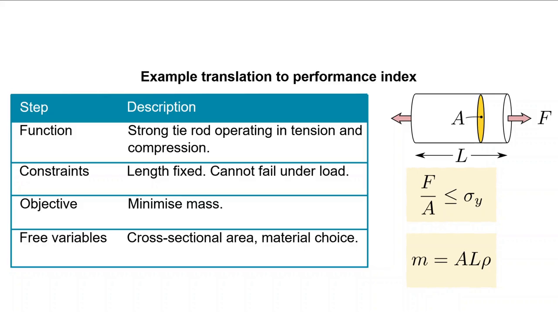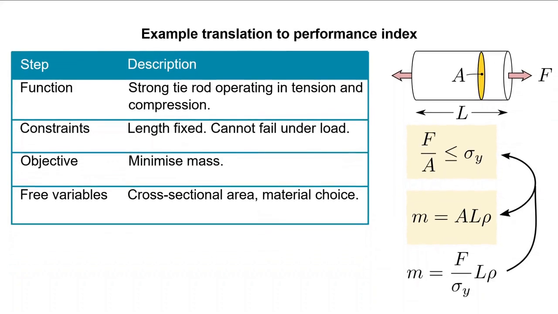We need now to combine our objective expression with the constraint. Modifying the expression for the constraint gets us an expression for the area in terms of force and yield stress. We can eliminate the area from consideration as it's a free variable. The other free variable is the material choice.